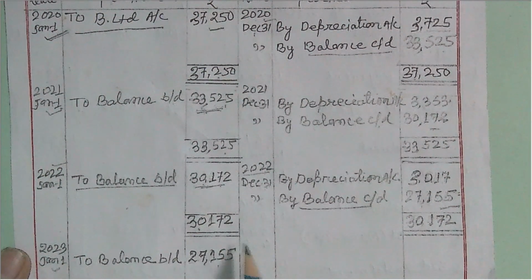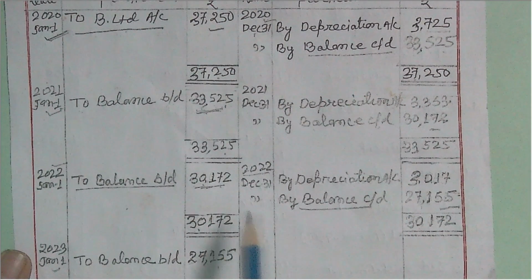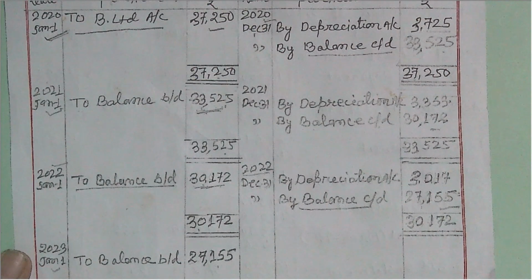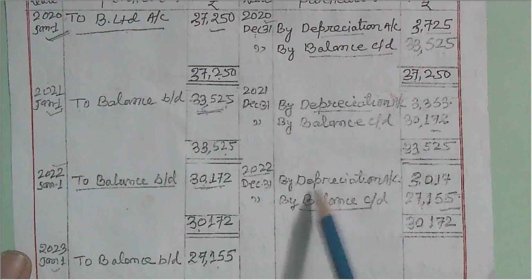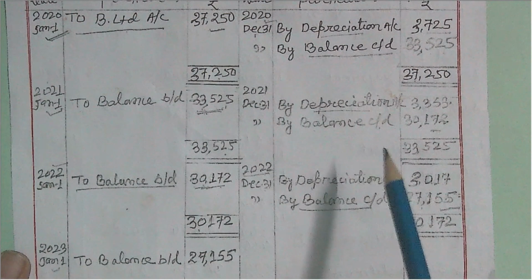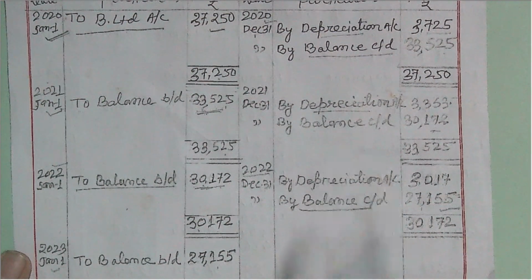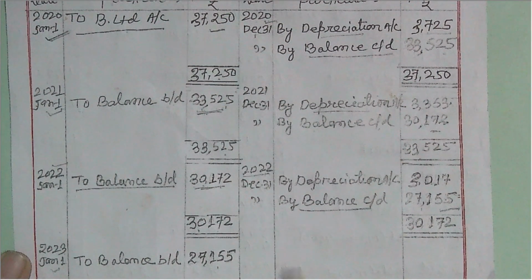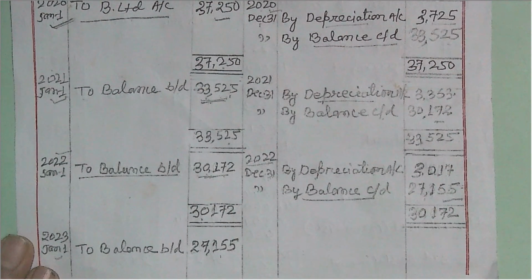So this is the motor car account prepared by the hire purchaser, that is the asset account, and in the asset account only depreciation is recorded. In a simple problem, it depends on the number of installments. If there are 4 installments, then we have to record one more year of depreciation, that is, the 4th year depreciation.